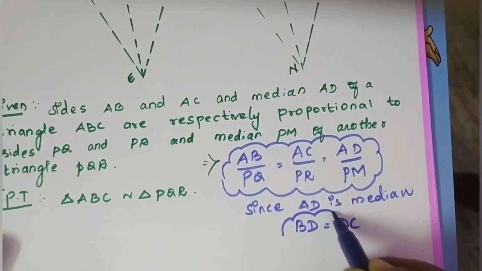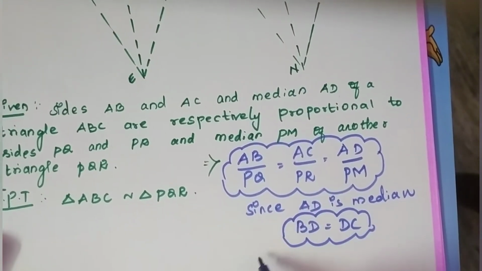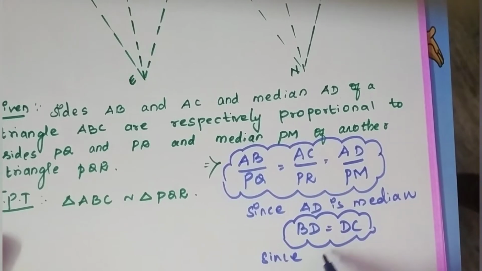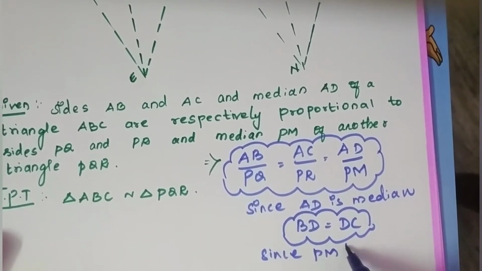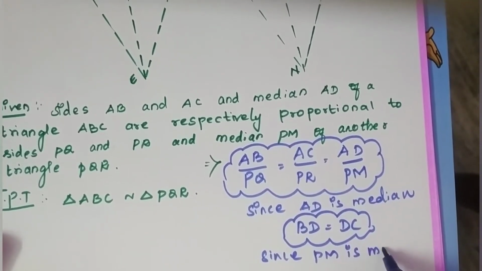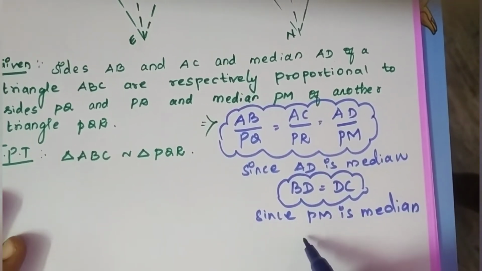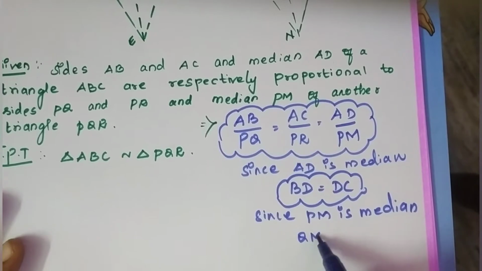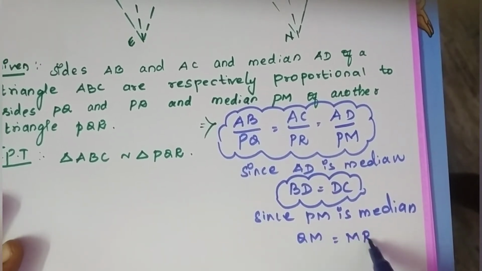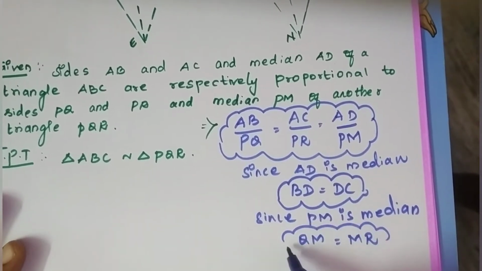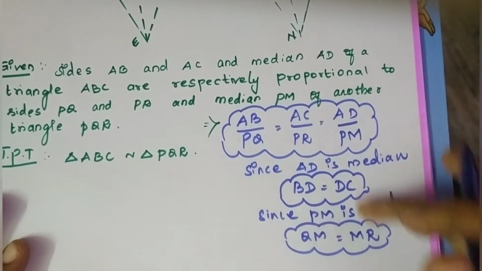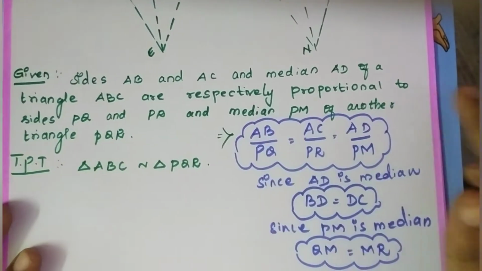And since PM is the median in the other triangle PQR, we can tell that QM is equal to MR. These are all things I concluded from the given only.